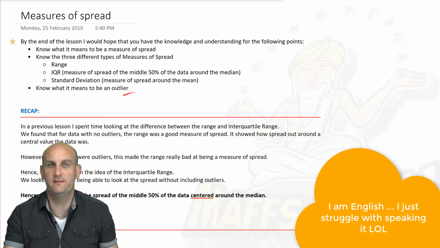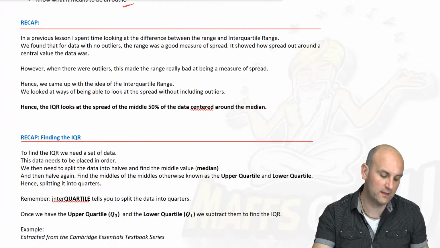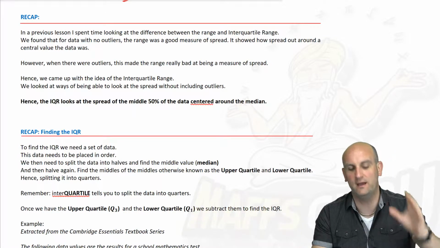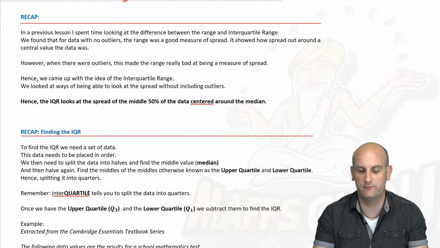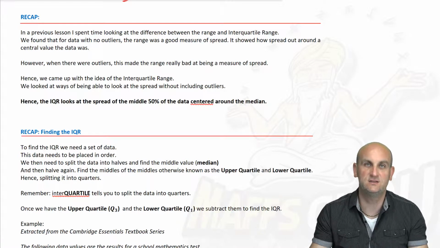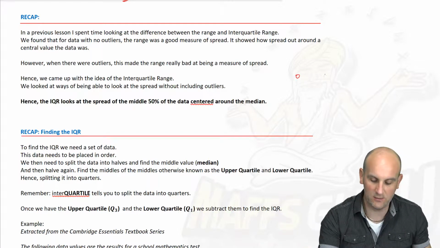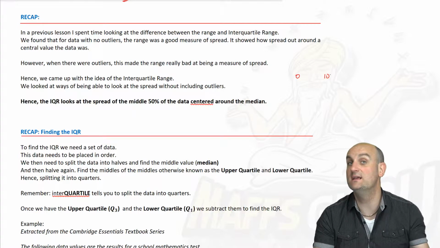If you already know about this stuff, just follow along. We've looked at the difference between range and interquartile range, and at the fact that outliers absolutely kill. We don't like outliers in any way, shape, or form because they change our range. If I had a set of data that ran between 0 and 10, my range is 10.